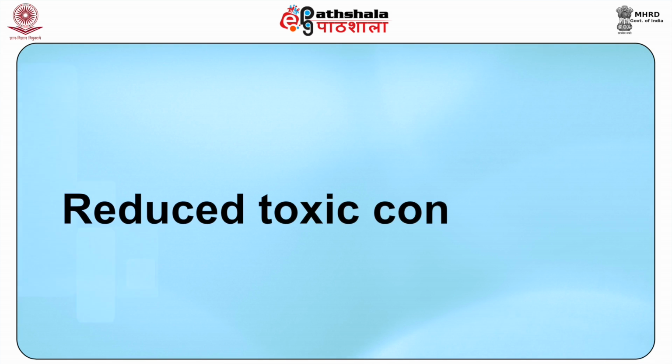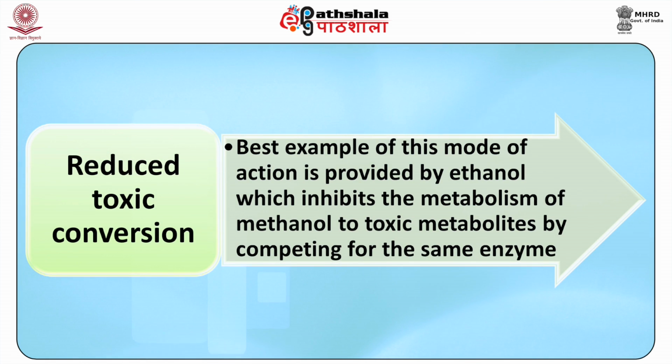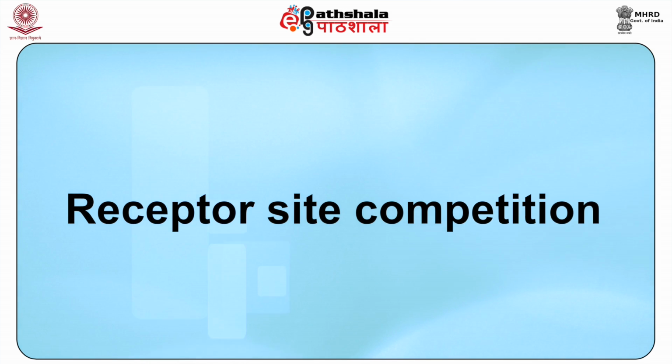Third, reduced toxic conversion. The best example of this mode of action is provided by ethanol, which inhibits the metabolism of methanol to toxic metabolites by competing for the same enzyme, alcohol dehydrogenase. Now the fourth, receptor site competition.